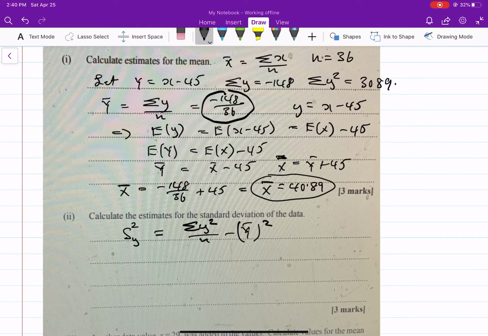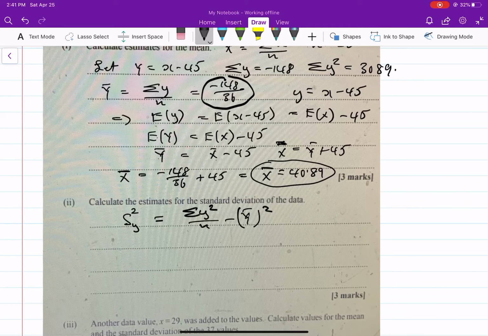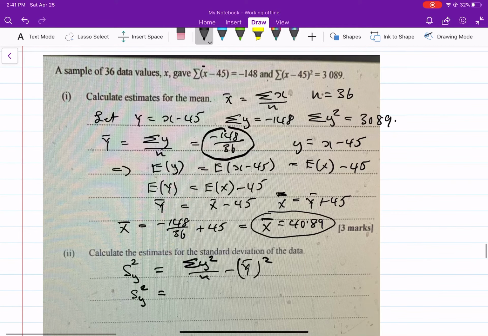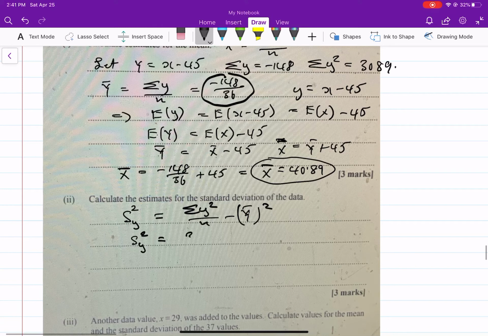So therefore, sy squared is equal to sigma y squared, which is 3089, upon n, which is 36, minus y bar. I'll actually put in the minus 148 upon 36, all squared.